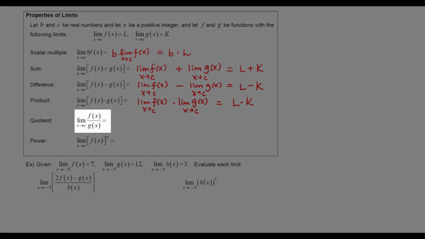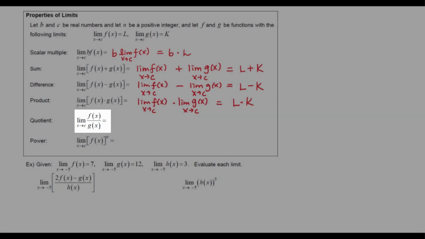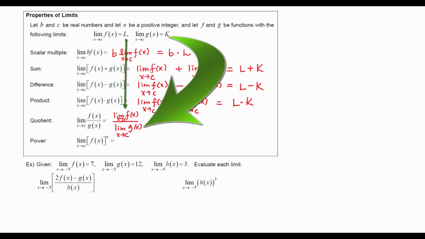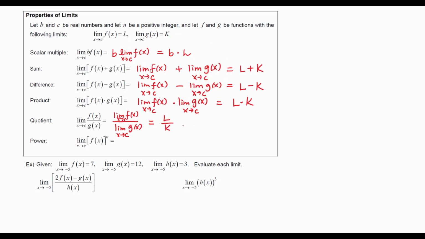And how about the quotient? The limit of the quotient f of x over g of x as x approaches c is also equal to the limit of f of x as x approaches c over the limit of g of x as x approaches c, which is equal to L over k, provided that k is not equal to 0.